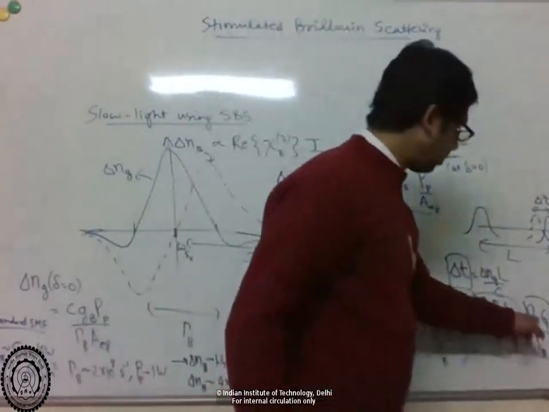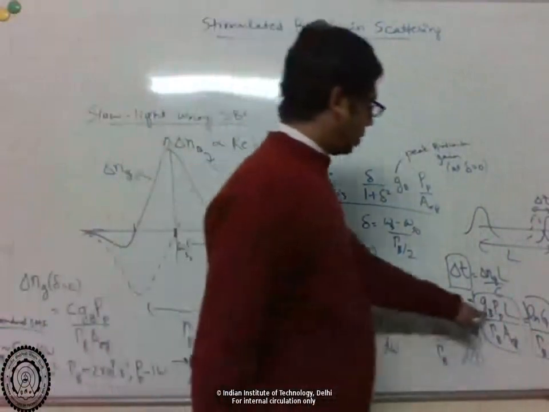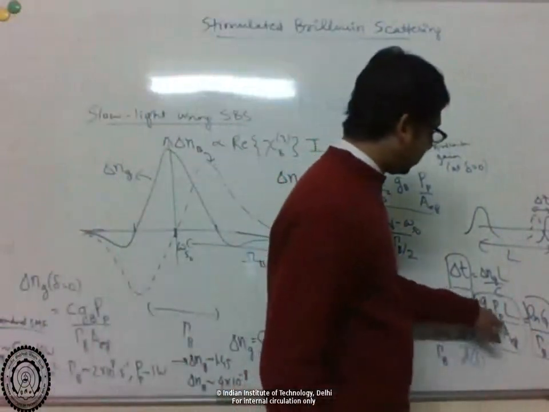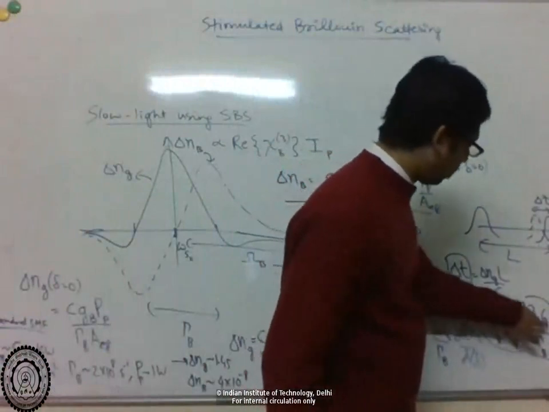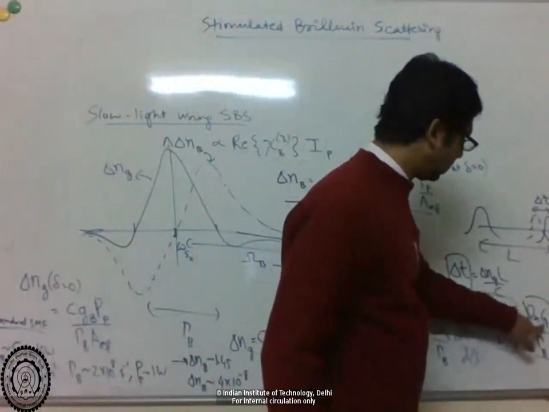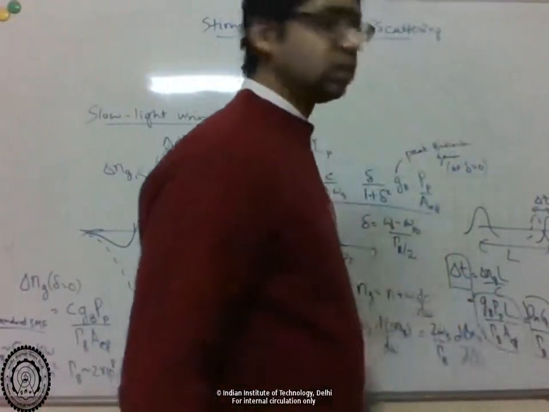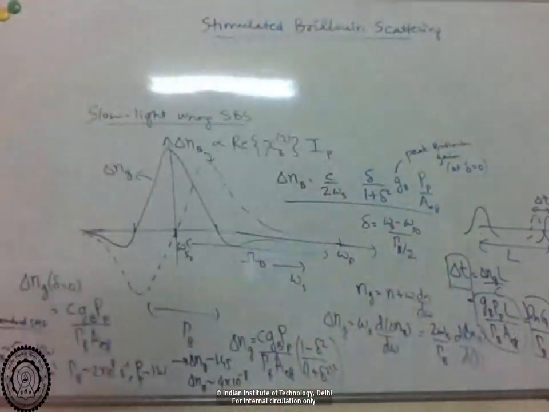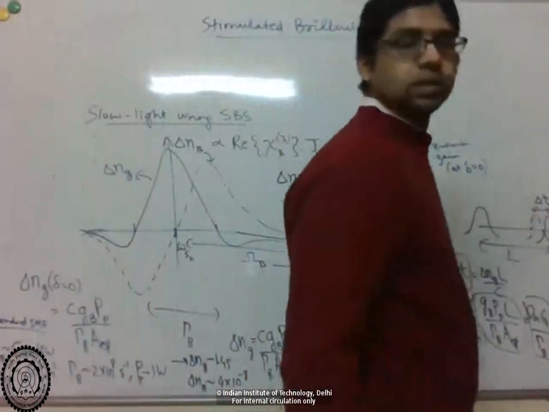So for the SBS amplifier, the gain went as e to the GB I L. So I can write this as the log of that unsaturated gain value. So it's going as a log of the gain, the delay. Right? So as I increase my gain by increasing pump power, I can get more delays.